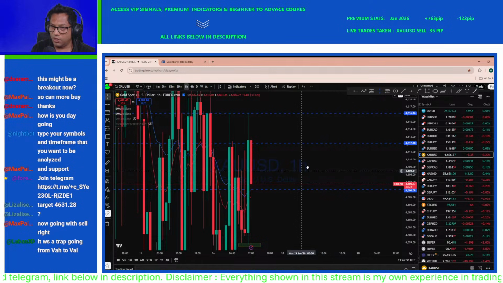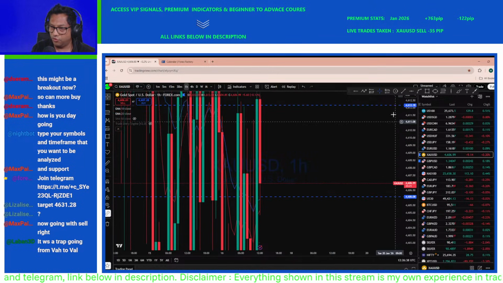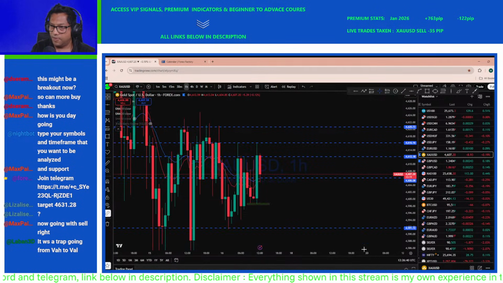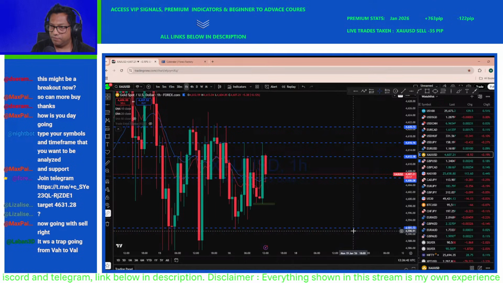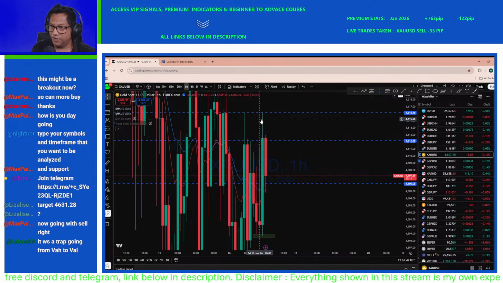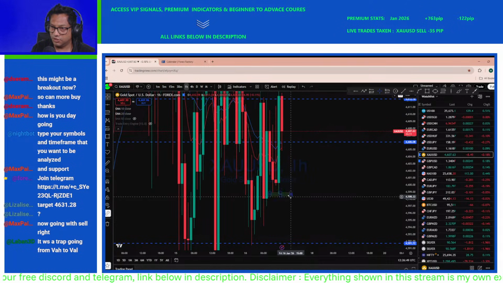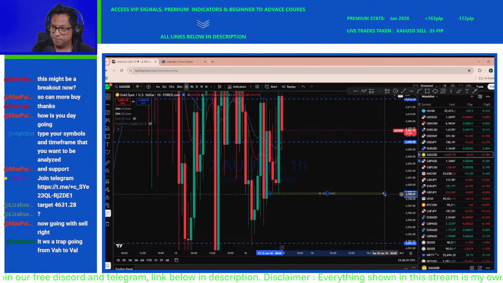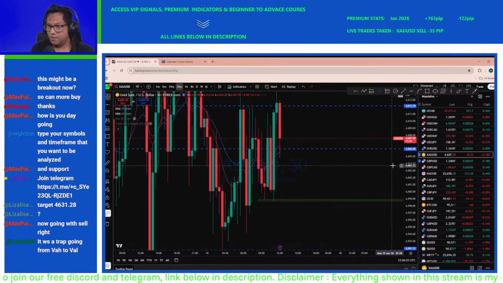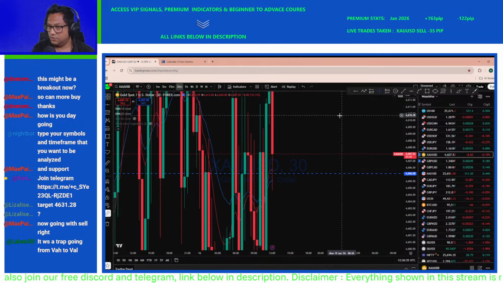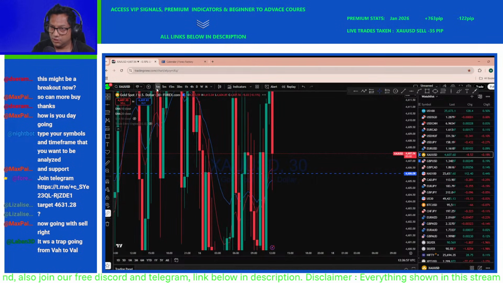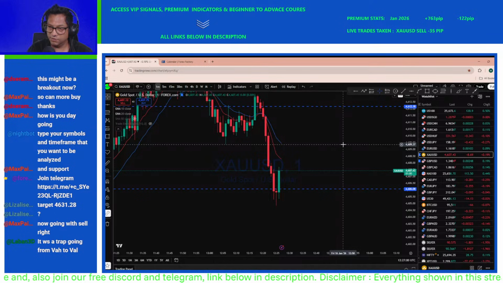Now we are looking at that zone. Because it failed to create a higher high, it could potentially create a lower low. Right, so let's see what market structure is being built here.